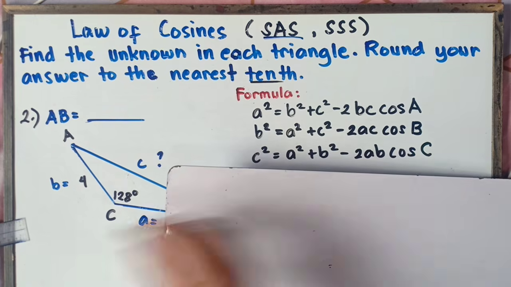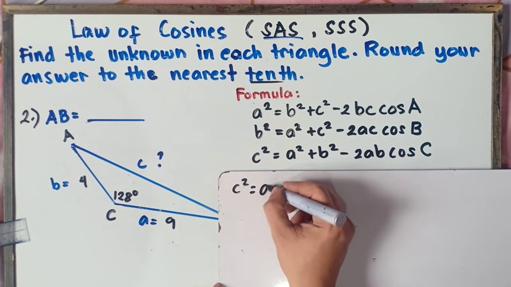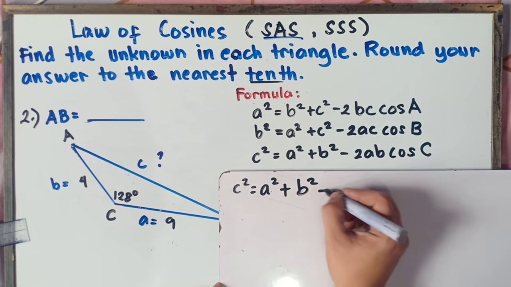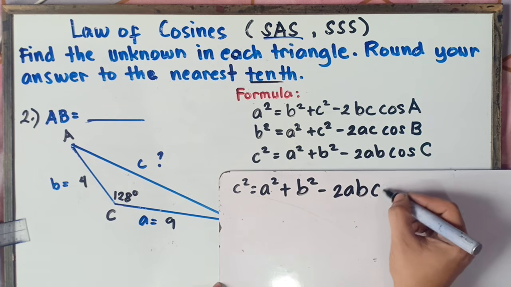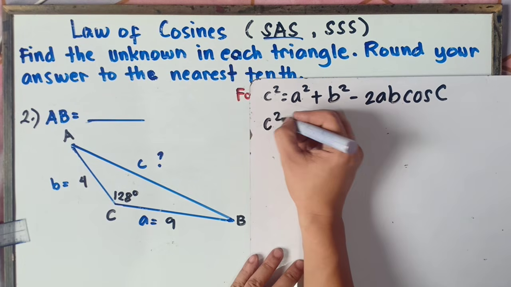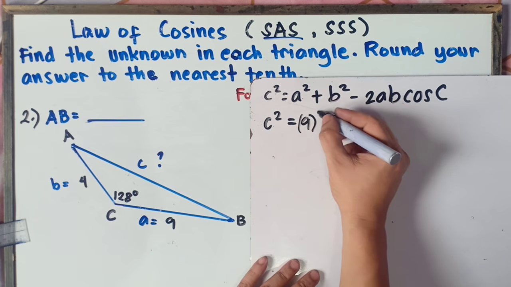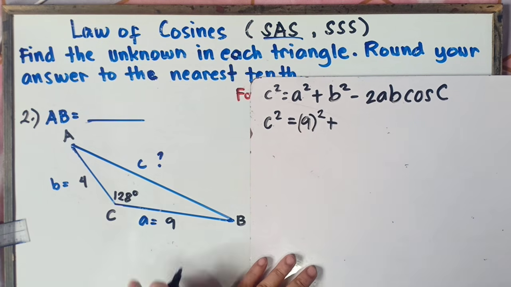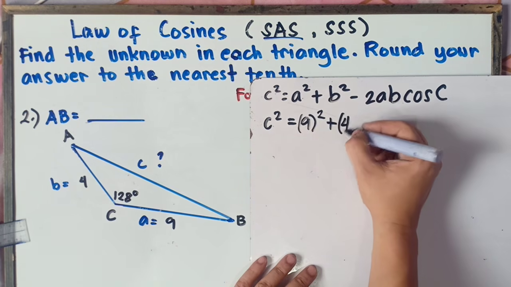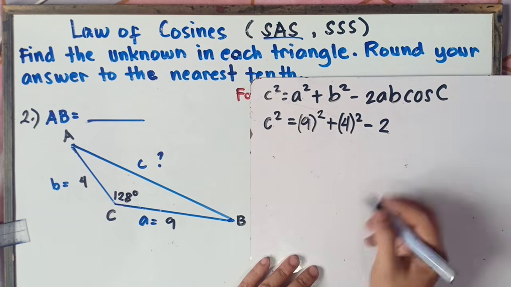Once again, the formula for c: c squared equals a squared plus b squared minus 2ab cosine of angle C. So c squared equals the value of a, that would be 9, squared, plus the value of b, that would be 4, squared, minus 2 times a times b.